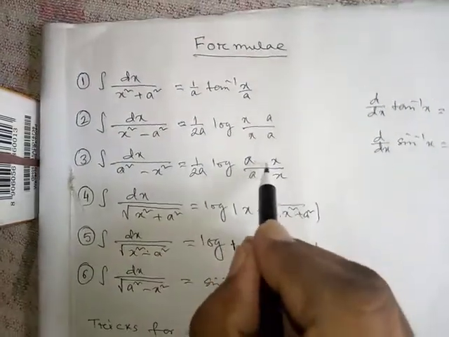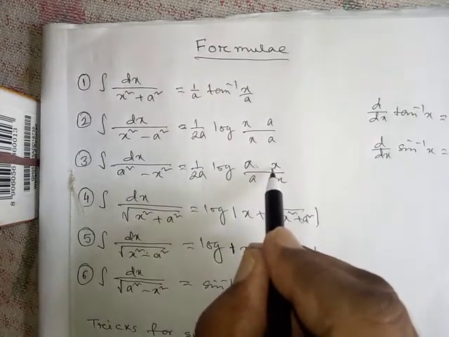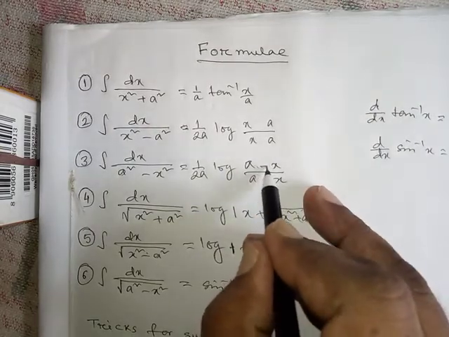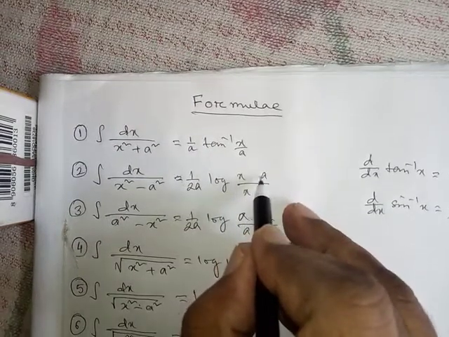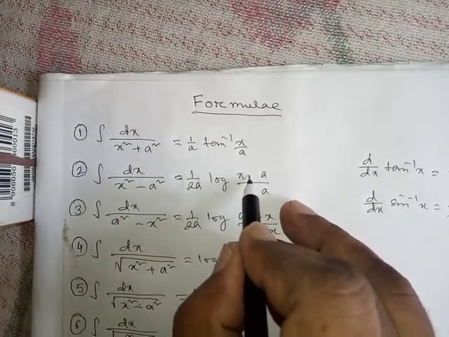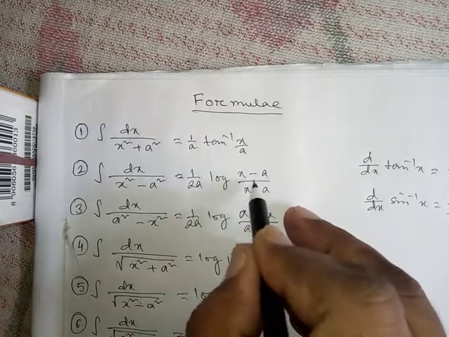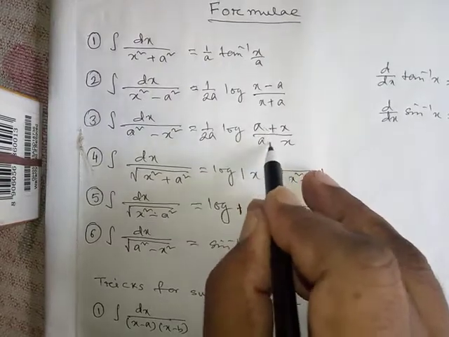Here you see x is in the numerator, so x is main, and God resides in heaven, so this x will be plus. But here I didn't say that a will be positive, so here a is minus. So if this is minus, then this is plus. If this is plus, then this is minus.